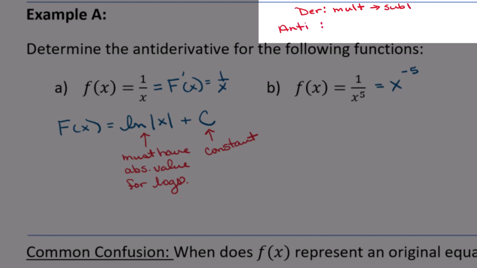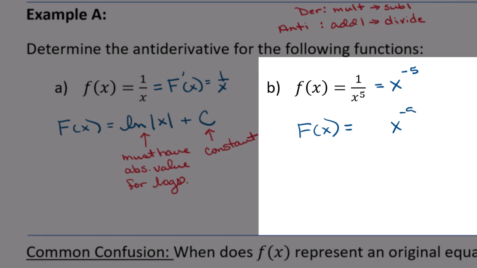So when we take the antiderivative, we're going to go backwards and do the opposite. So we're first going to add 1 to the exponent, and then we're going to divide by that new exponent.